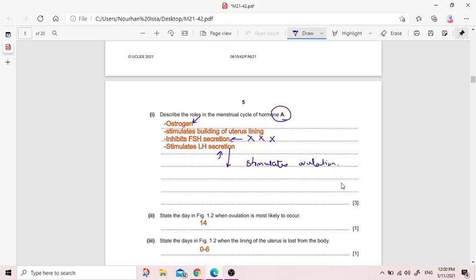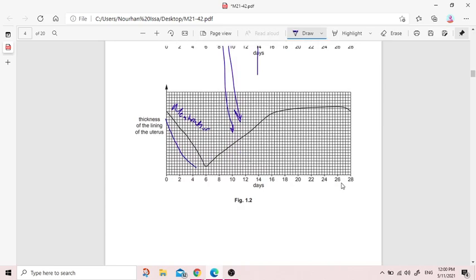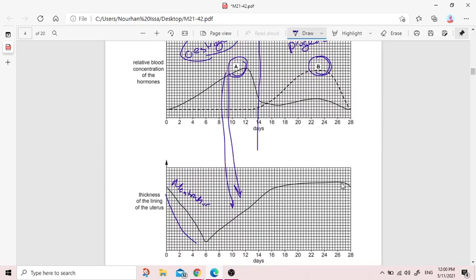So at the beginning of the cycle, there is one egg being developed inside the ovary. When the estrogen is secreted, it prevents FSH to prevent further eggs, while it stimulates the LH hormone, which encourages ovulation, which happens around day 14.